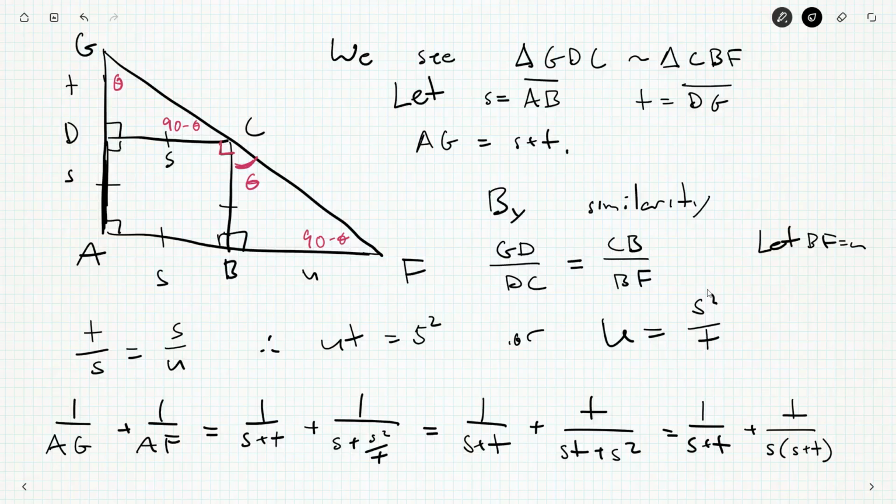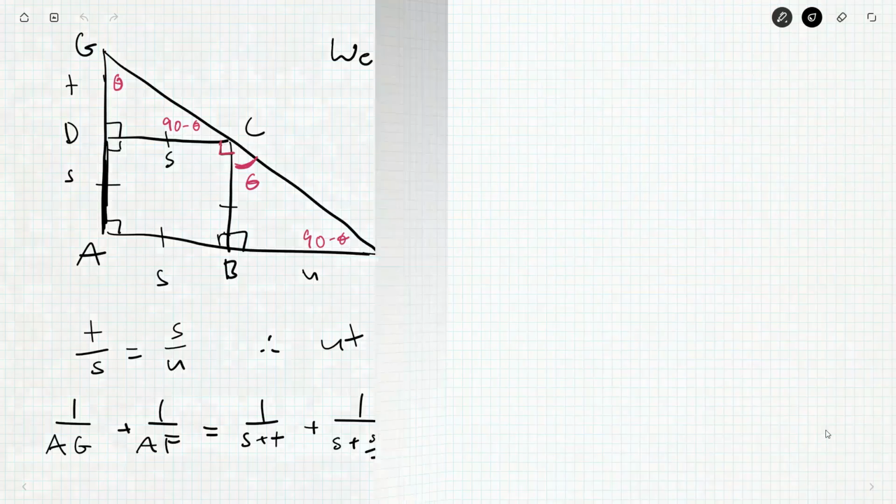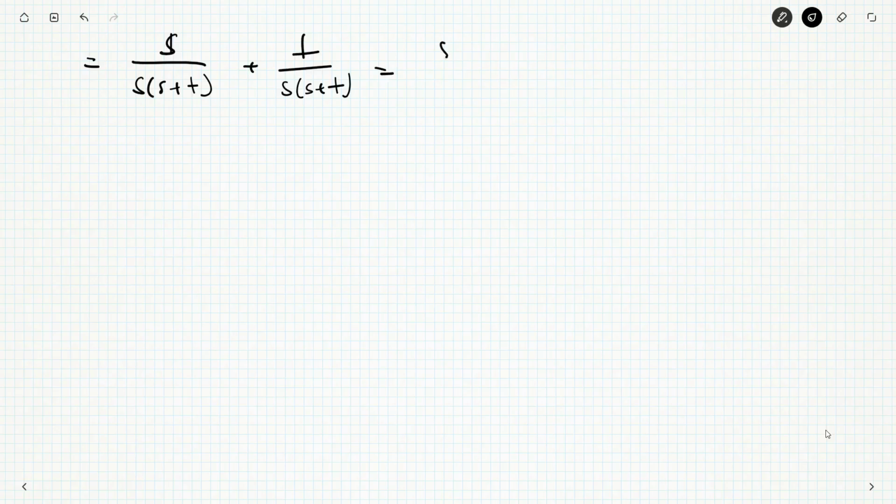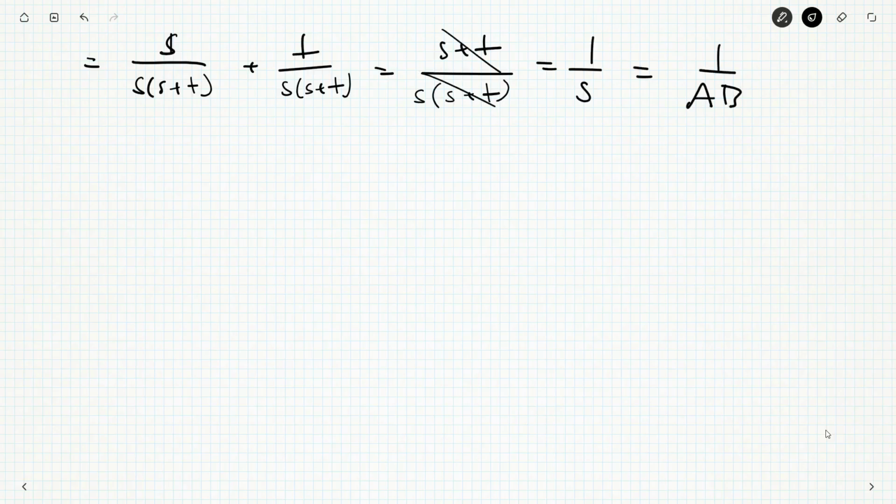And then we just need to get the same denominator on the first fraction, so just multiply top and bottom by S. So it'll be S over S plus T over S plus T. And now we can combine the top. Now those cancel, and we get 1 over S, which is indeed 1 over AB. So we managed to show it.